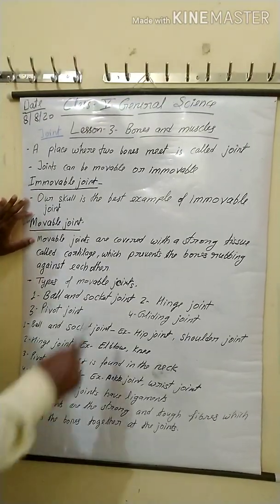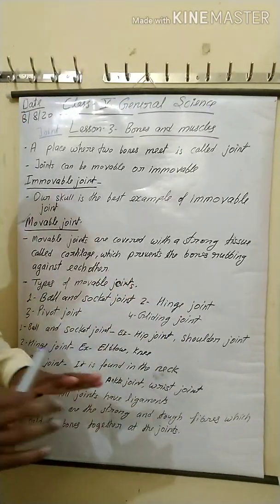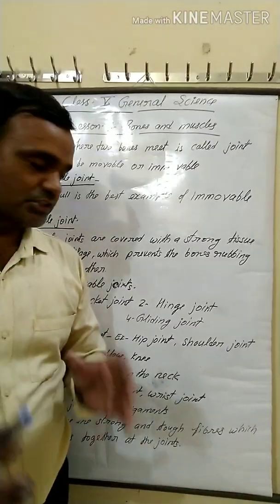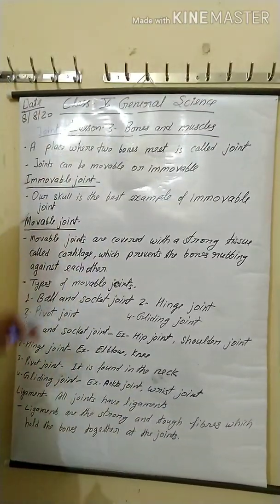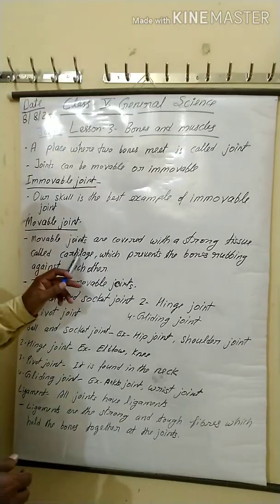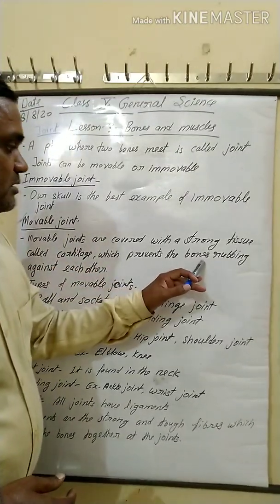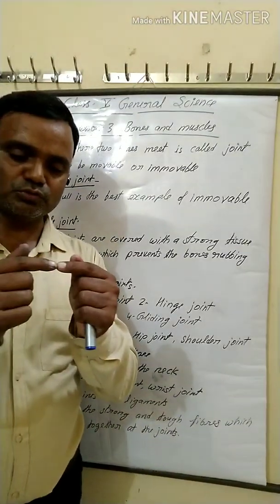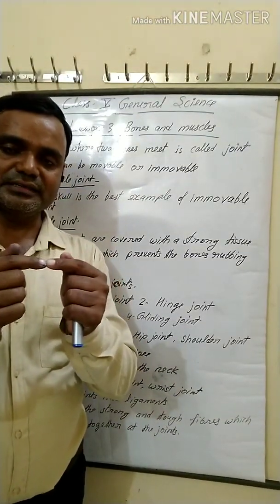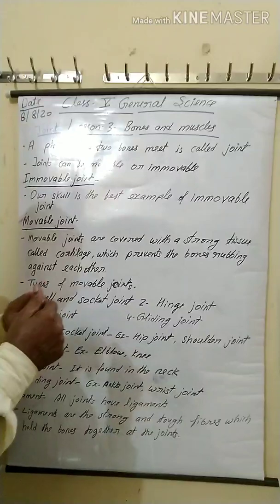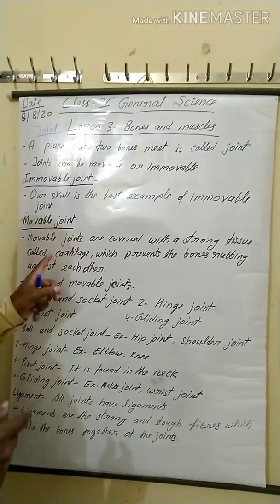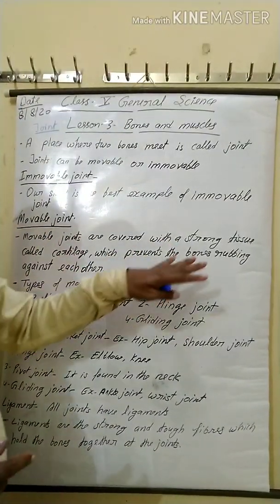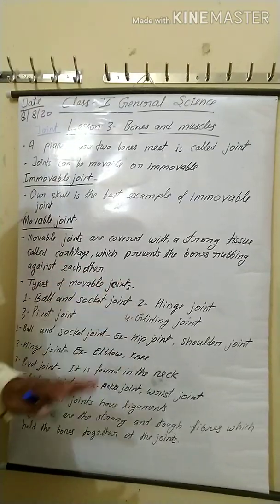Movable joints are covered with a strong tissue called cartilage, which prevents the bones from rubbing against each other. Suppose these are two bones, connected by cartilage.